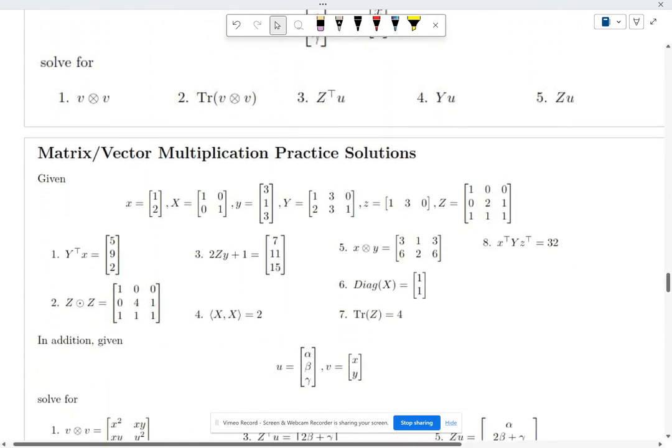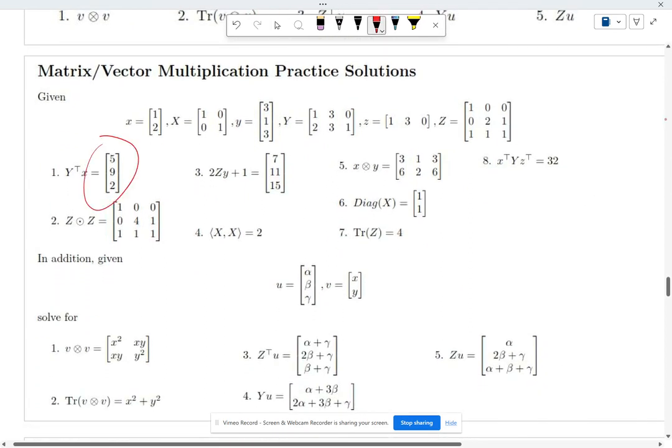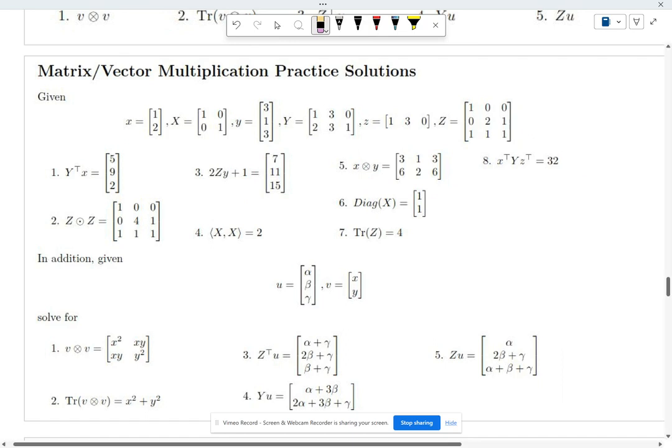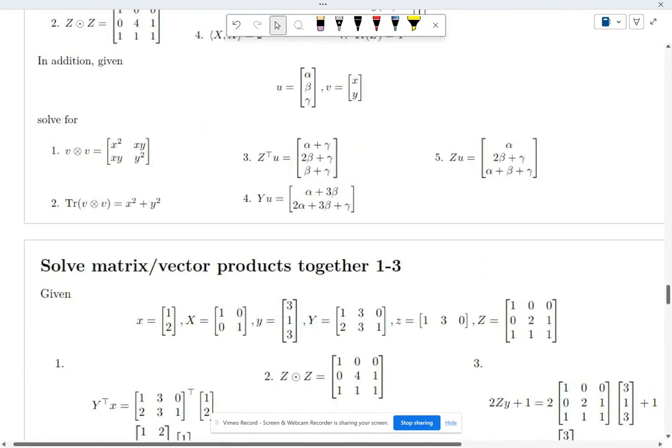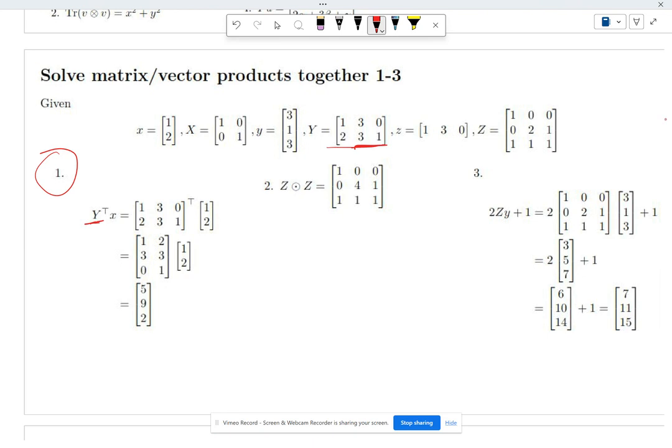Okay, now this page basically gives you the solution. So after you solved it, check them out, see if you can get them. Okay, we'll do a couple of them together. So over here, like problem 1, okay? So here we have y transpose times x right here, okay?